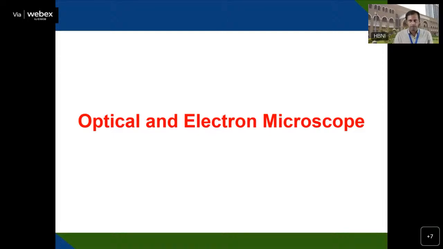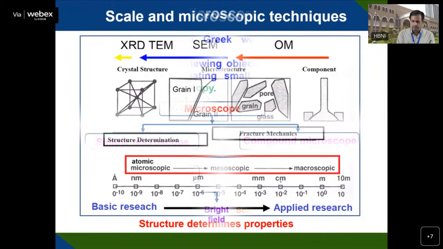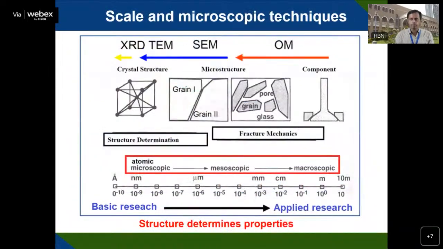That gives information about shape as well as size, but the data interpretation is quite difficult compared to other techniques. With optical and electron microscopes, you can directly see the visual data.